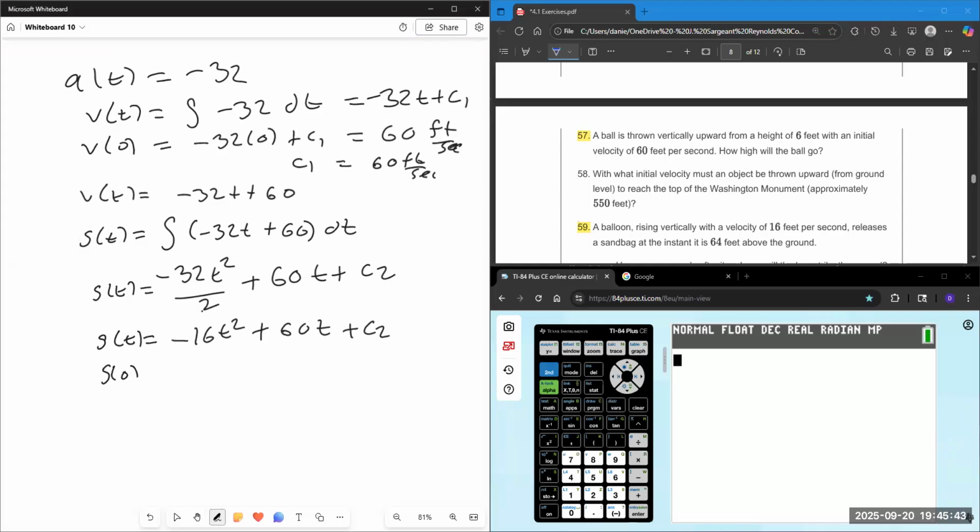And our initial position is going to be equal to 6 feet off of the ground. That's going to be 0 plus 0 plus c2. So c2 is equal to 6 feet. And so our S of t is going to be negative 16t squared plus 60t plus 6.